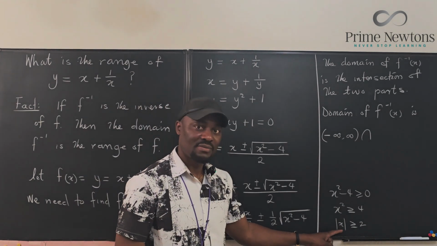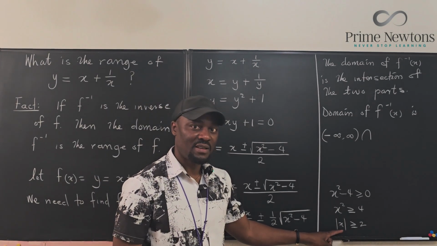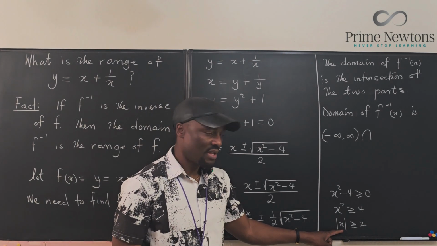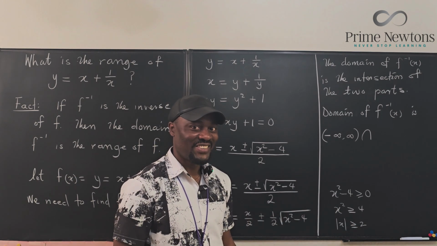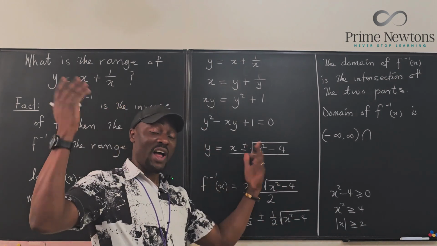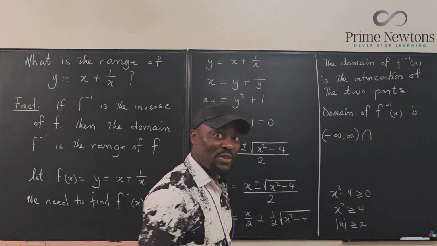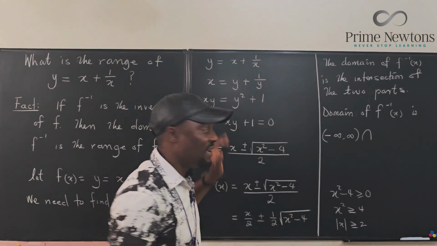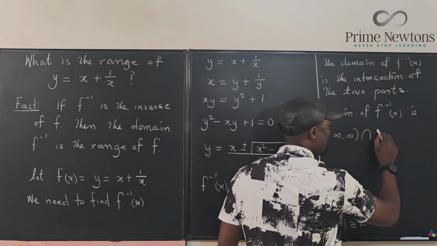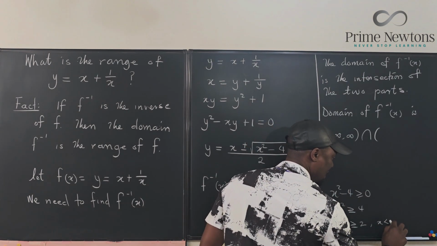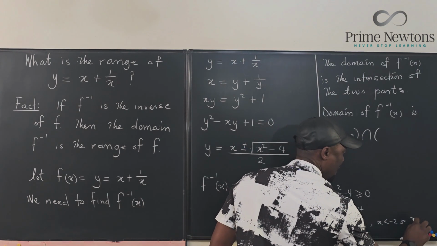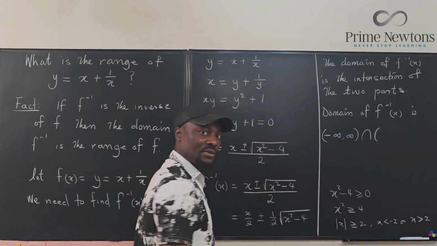That means the number of steps you take from 0 must be greater than or equal to 2. And that was the domain we got in the other problem I solved. So here x is less than or equal to negative 2 or x is greater than or equal to 2. That's how you solve this.